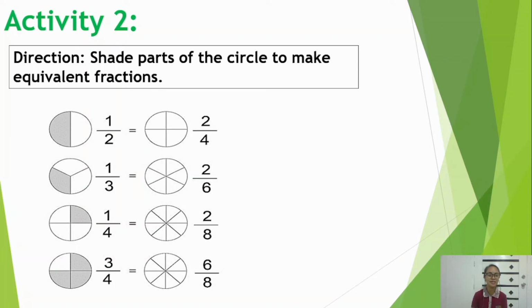Now, let us have this activity number 2. Shade parts of the circle to make equivalent fractions. When we say equivalent fractions, yung 1/2, katulad lang din siya nung 2/4.